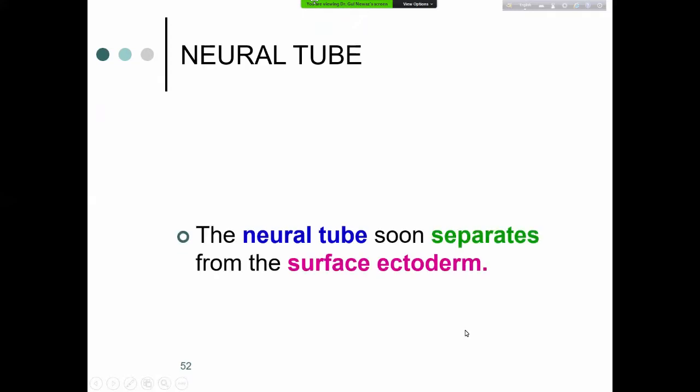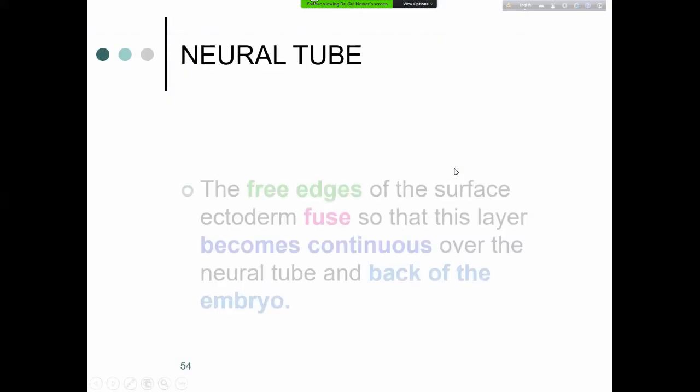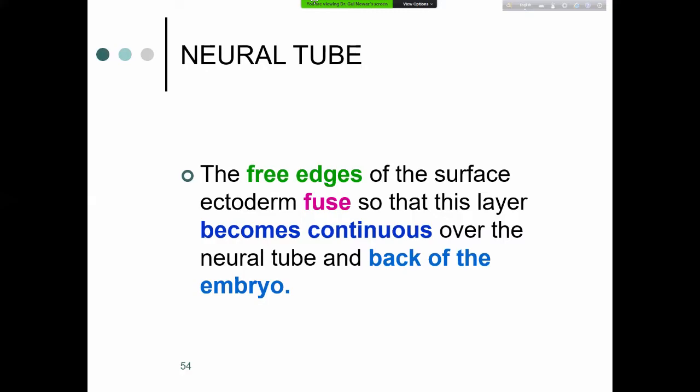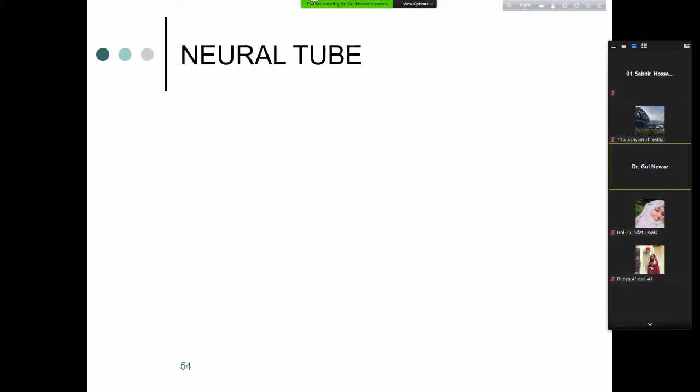The neural tube soon separates from the surface ectoderm. That is what I say. It will separate from the surface ectoderm here, and the free edges of the surface ectoderm fuse so that this layer becomes continuous over the neural tube and back of the embryo. What does it mean?